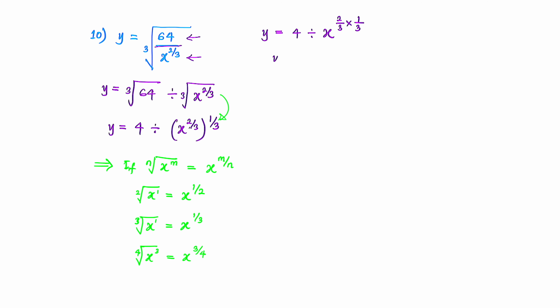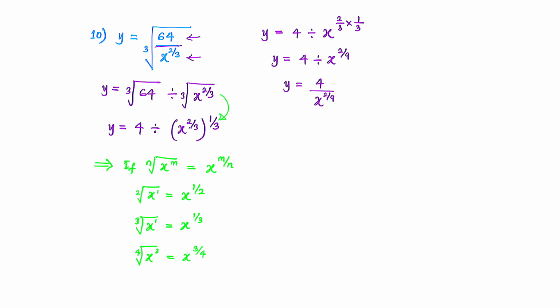So y equals 4 divided by x. 2 times 1 is 2, 3 times 3 is 9. So y equals 4 over x raised to power 2 over 9.